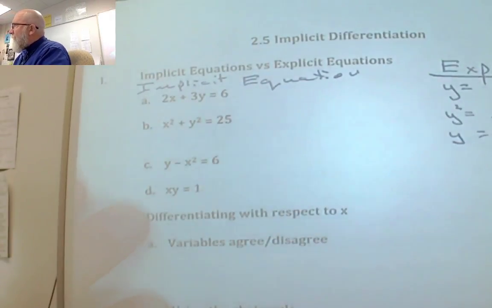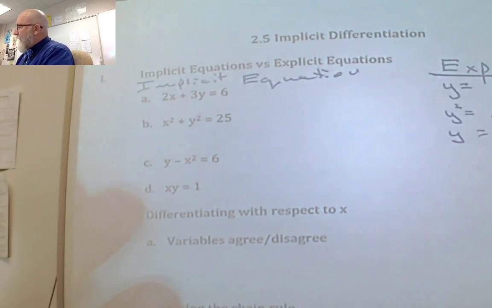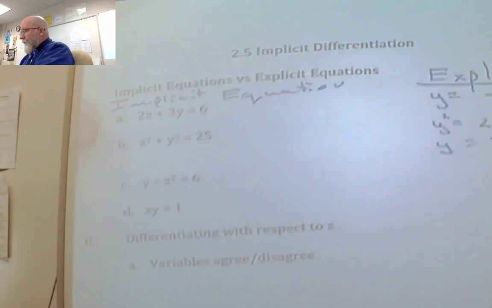Okay. Almost, there's something else I need. I need the plus or minus outside here, right? And that plus or minus tells me that that is not a function because I get 2 y's for every x, right?